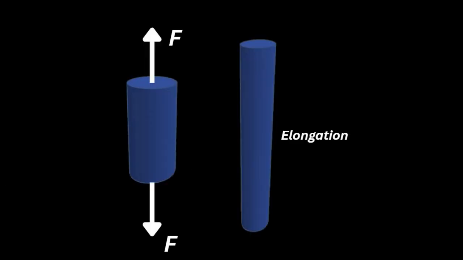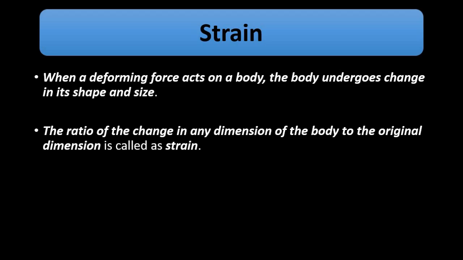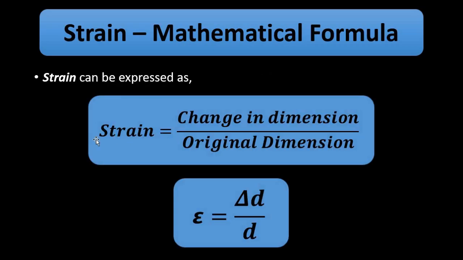Okay, strain is basically the change in shape and size of the body, the change in state of the body, the change in dimension of the body. It can be in terms of length, breadth, height, it can be in terms of volume or bending angle. So strain is defined as the ratio of the change in a particular dimension, whether it is length, breadth, height or volume or angle, by the original dimension.